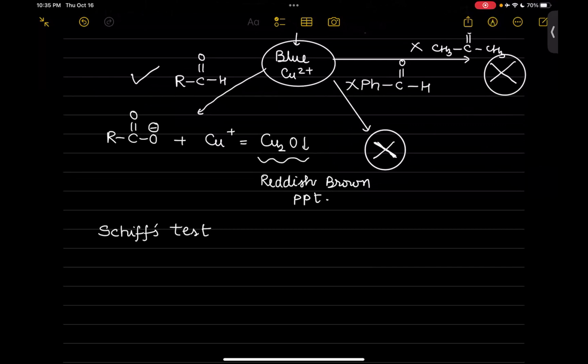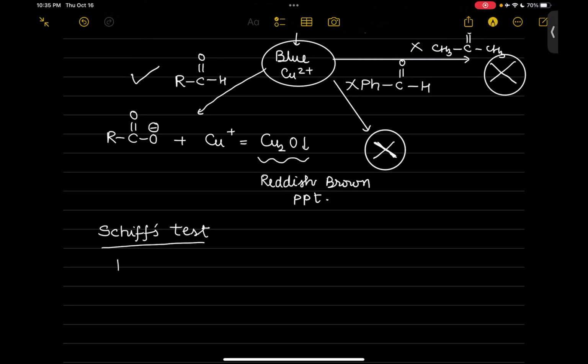That is Schiff base. Schiff's reagent is para-rosaniline hydrochloride. That is one carbon, and that carbon is connected to 3 benzene rings and NH2 groups. But its structure is not important. The test is very simple.